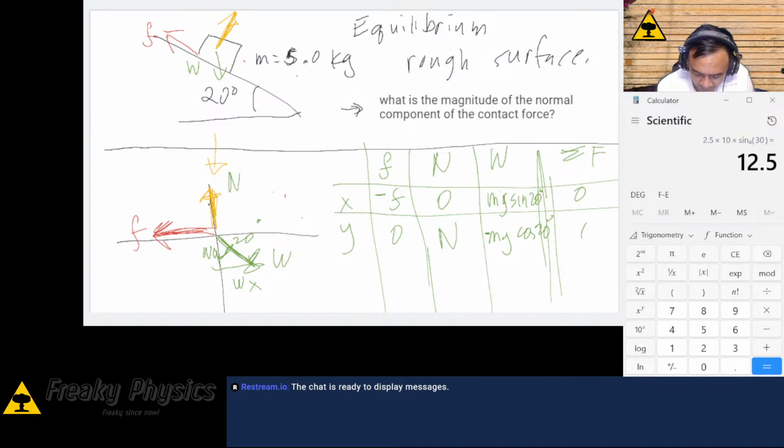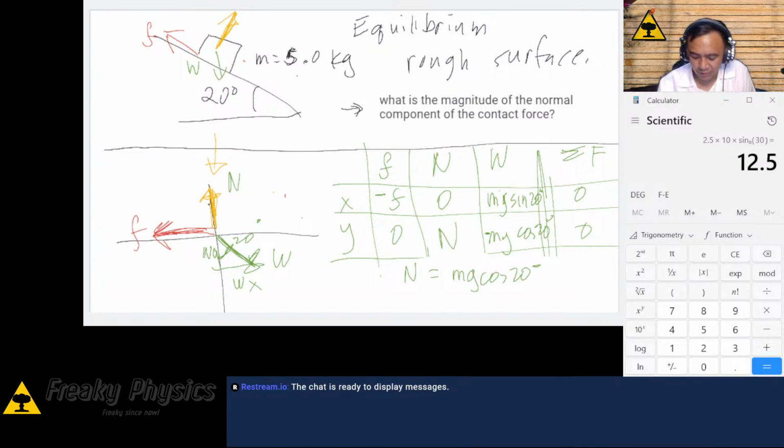It's in equilibrium, so both components are 0. Then we just solve for n. I'm gonna shortcut this, but I'm gonna point it out with the laser here. So 0 plus n minus mg cosine 20 degrees is equal to 0. So we're gonna write down n is equal to mg cosine of 20 degrees.